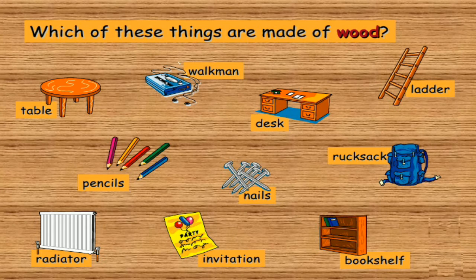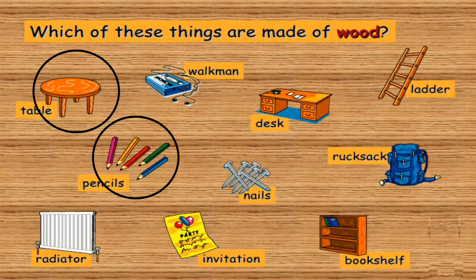And which of these things are made of wood? Here we can see different things and different objects. So, which things are made of wood? So, yes, it's a table. So, a table is made of wood. Then, yes, it's a pencil.